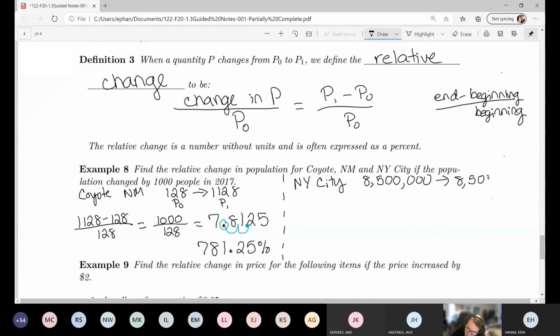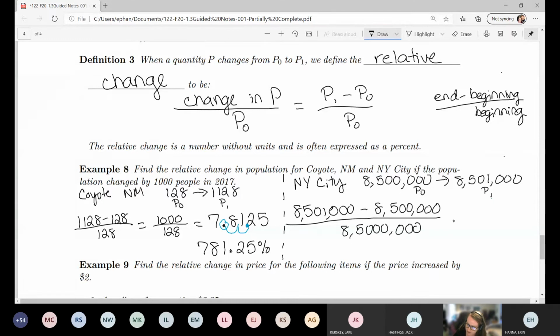And then a measly 1,000 people moved in. So we started with 8.5 and ended with 8.5 plus those, if you will. So if we calculate our relative change here, we have our ending value minus our starting value divided by the starting value.